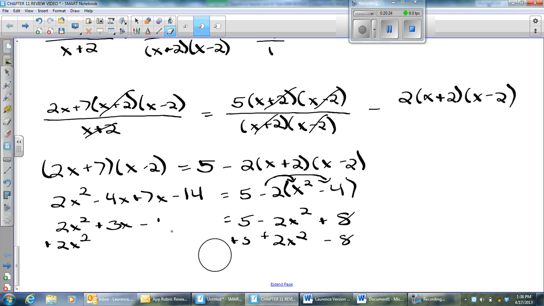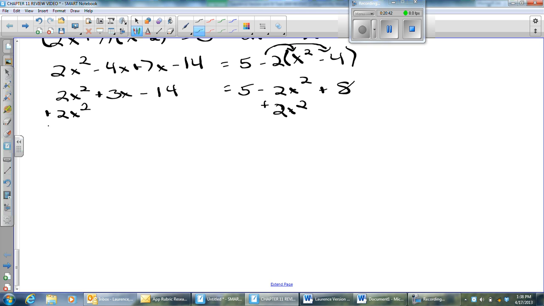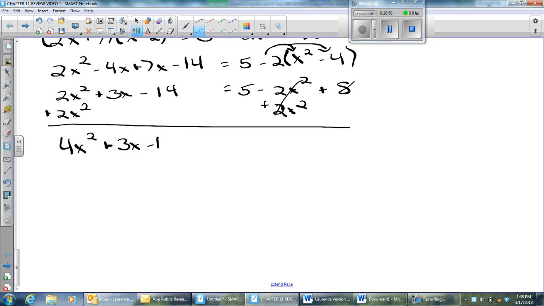I was getting ahead of myself. Let's just do the 2x squared. What happened to my 14? All right, let's just do that so I don't confuse anybody. When I do that, these cancel, and I get a 4x squared plus 3x minus 14 equals, I've got two constants over here, so 5 plus 8 gives me a 13.